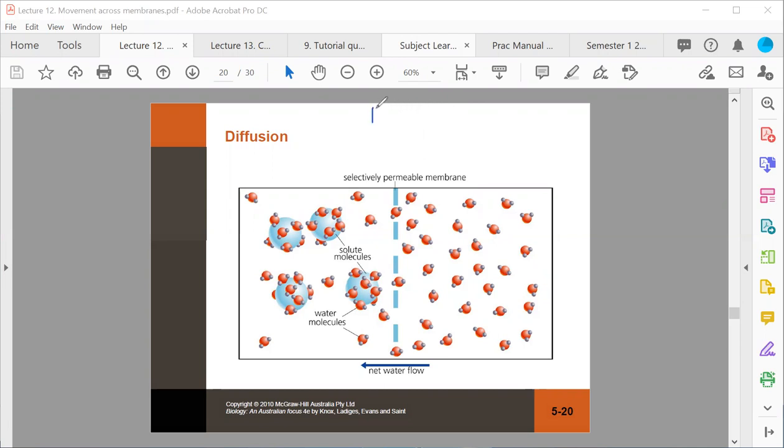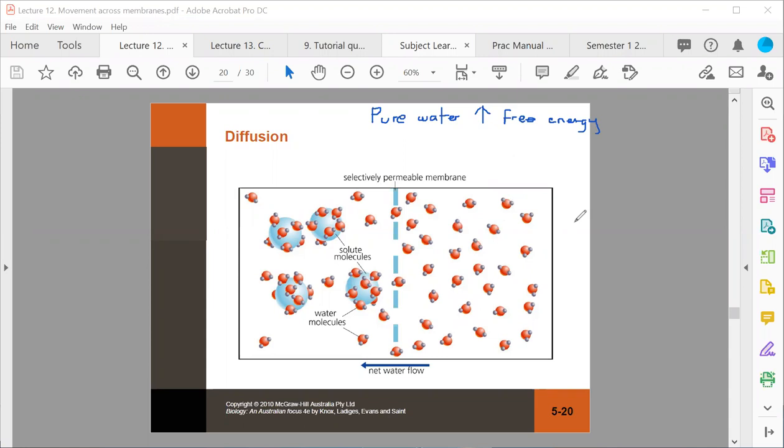All right, when we have a sample of pure water, that sample is said to have the highest amount of free energy. That is, the movement of those individual water molecules is not impeded, it is not restricted by any other molecules that are present.